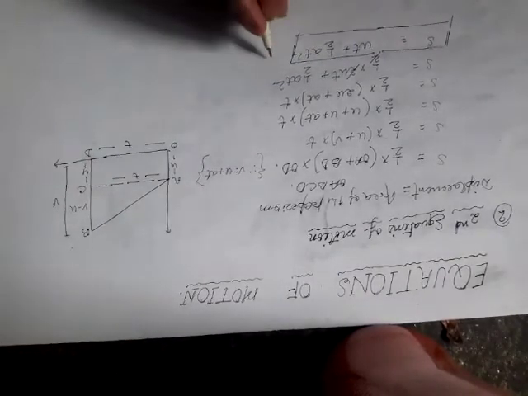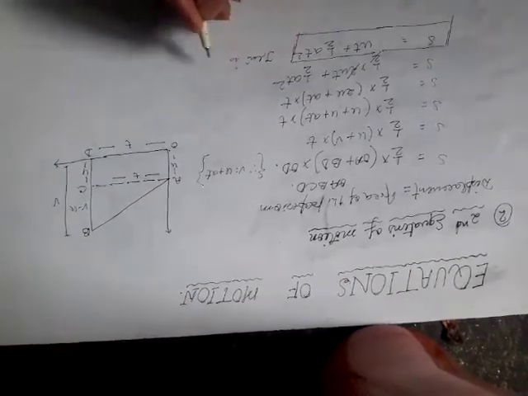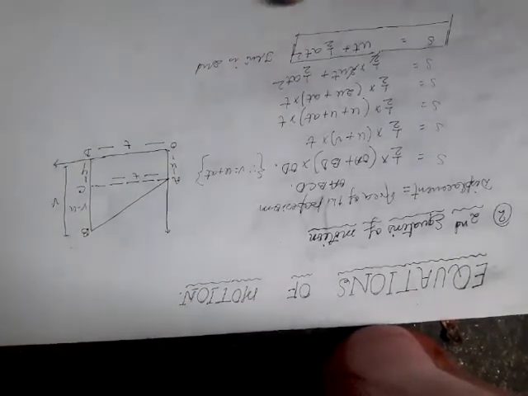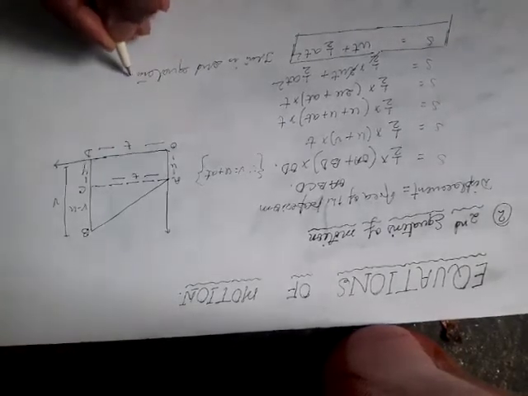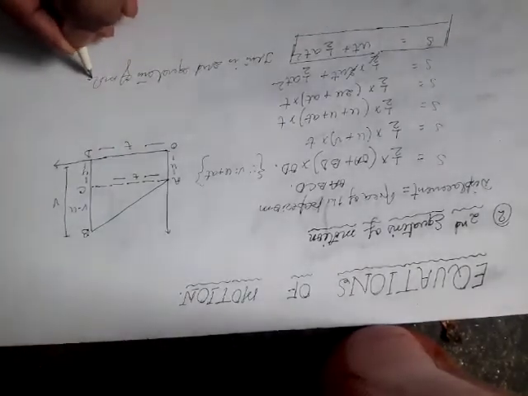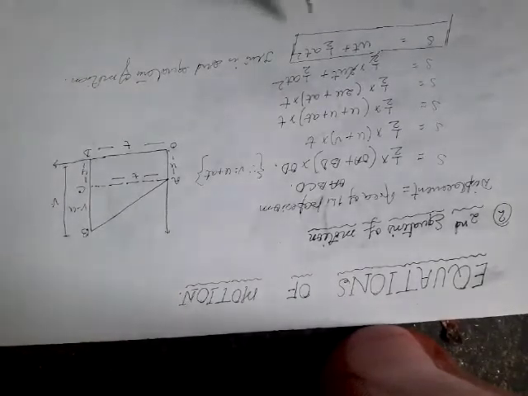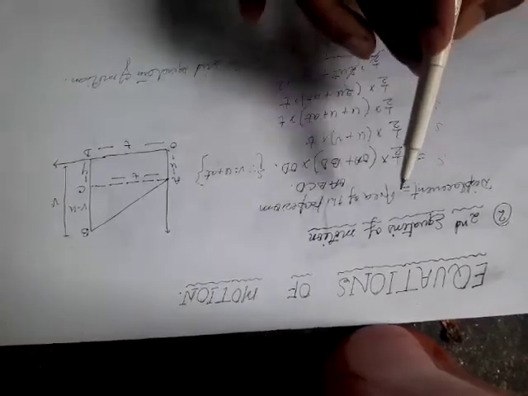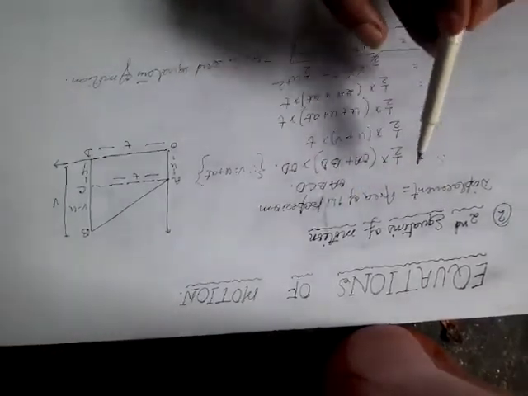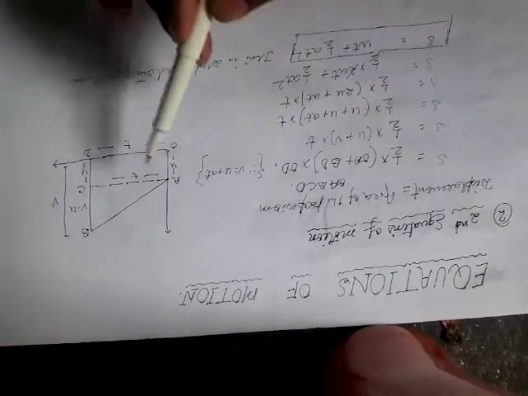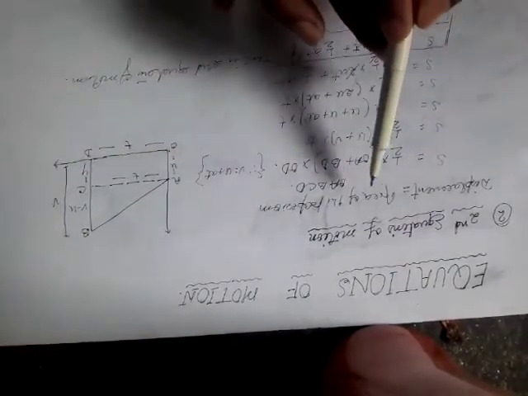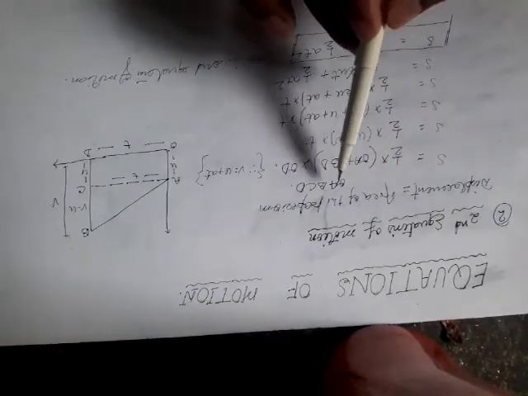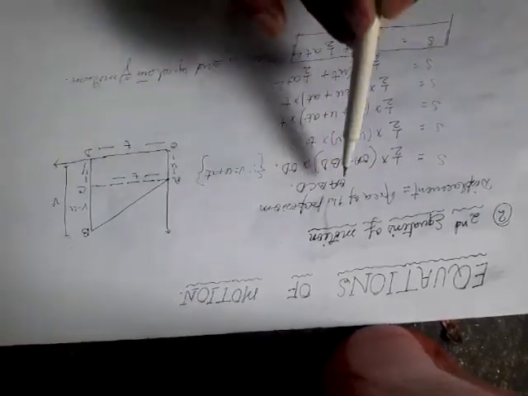Once again we will go through it here. In the second equation of motion, displacement is obtained from the velocity time graph by finding the area under the graph, that is the area of the trapezium of the figure OABD.